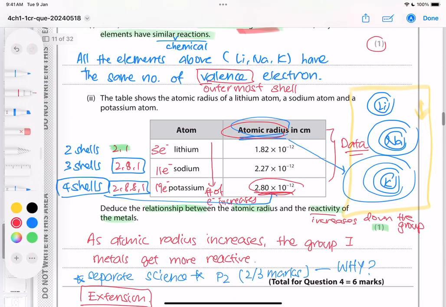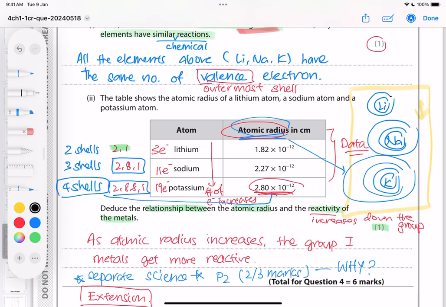This is usually how we explain it, but I'm just going to use a visual representation to help you understand this a little bit. So we have our electrons. I'm going to use lithium and our positive proton in the middle. Take a look at the distance. I'm just going to use a green pen. If I look at potassium, which is the biggest one, the distance is further between the negatively charged electron and the positive proton. Because of the increase in distance, the force of attraction between them will be weaker.